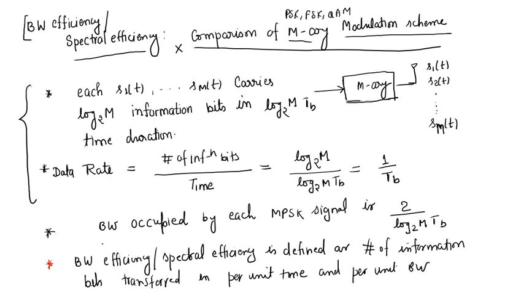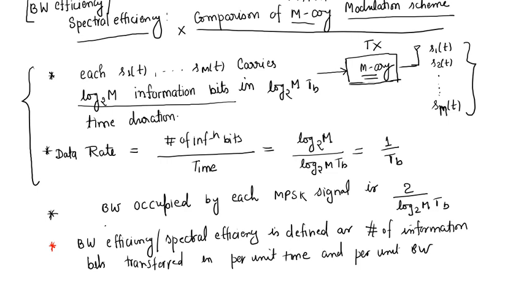So if you take any M-ary modulation scheme, any M-ary transmitter transmits M possible signals, and each of the signals carries how many information bits? Log2 M information bits, and the time duration taken by each of these is log2 M Tb.